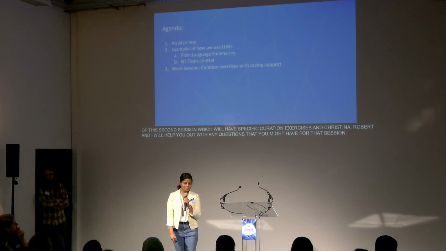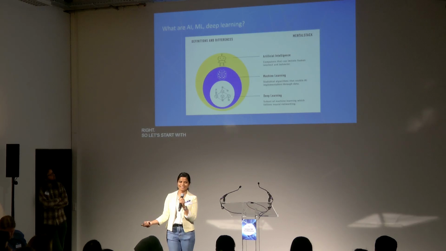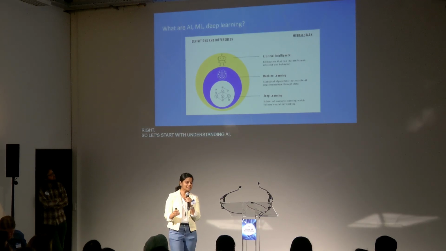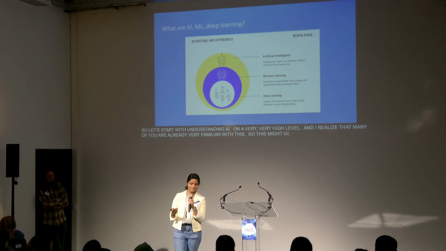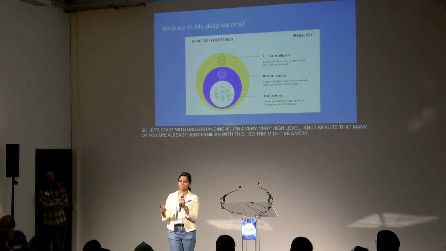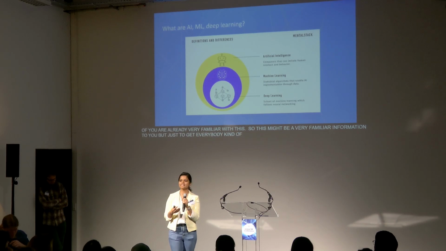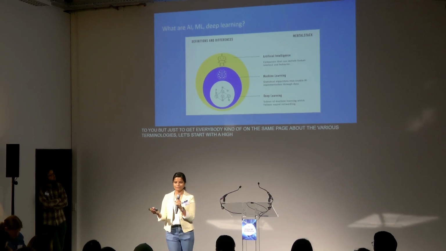All right, so let's start with understanding AI on a very, very high level. I realize that many of you are already very familiar with this, but just to get everybody on the same page about the various terminologies, let's start with a high-level definition of AI, ML, and deep learning.